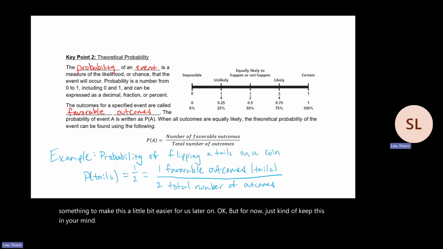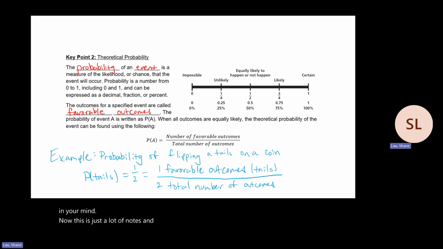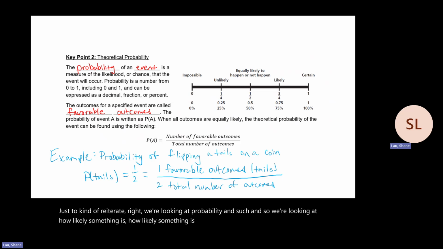Now, this is just a lot of notes and such, but just to reiterate, we're looking at probability, and so we're looking at how likely something is, how likely something is not, and looking more specifically at the favorable outcomes.